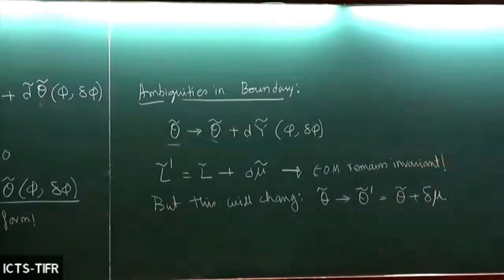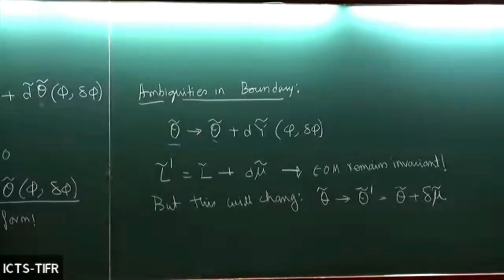Can you convince yourself? See what I did, d and delta I interchanged, and I can always do that. Is that clear, everybody? Oh, tilde and mu, thank you. Yeah, sorry, let me be consistent. Why can I exchange d and delta? Which space does d act on and which space does delta act on?